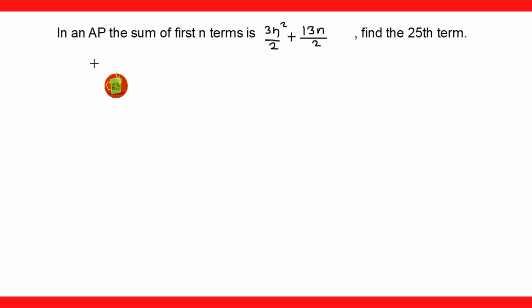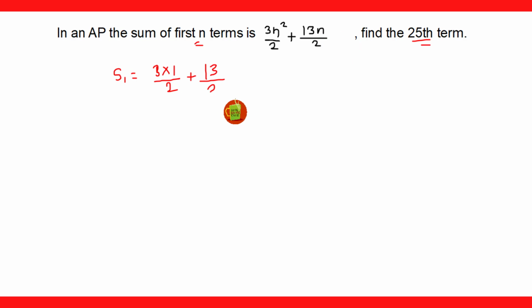So here in an AP, the sum of the first n terms is 3n square by 2 plus 13n by 2. Find the 25th term. So friends, here the sum of the first n terms is given to you. So first we can find S1, the sum of the first term, that will be 3 into 1 square upon 2 plus 13 into 1 upon 2.